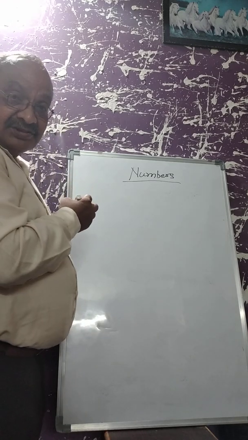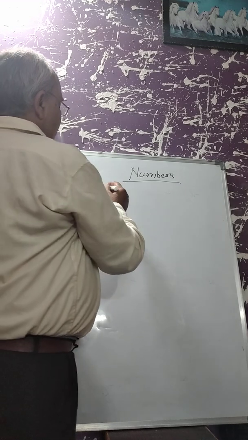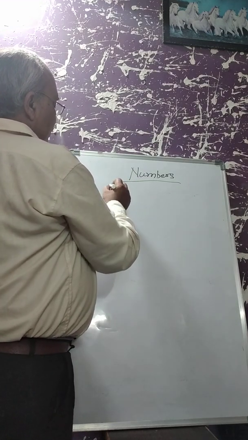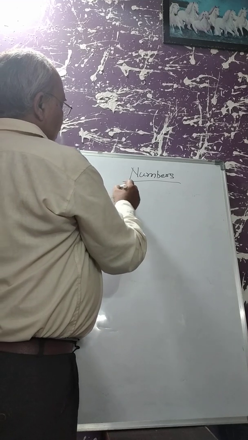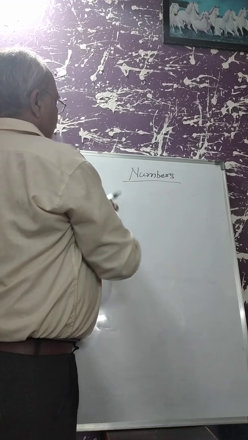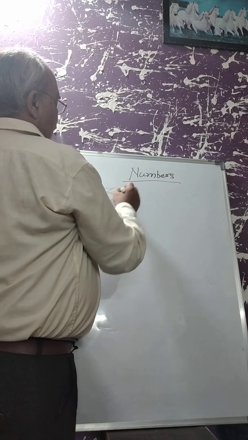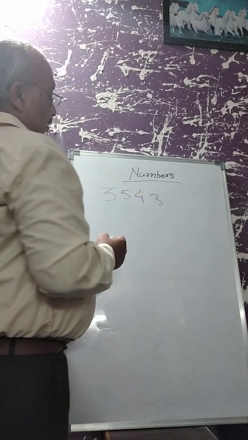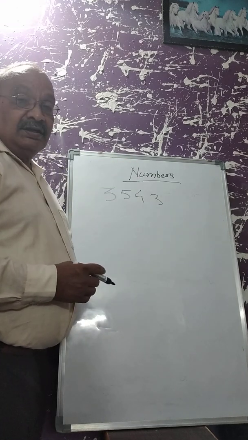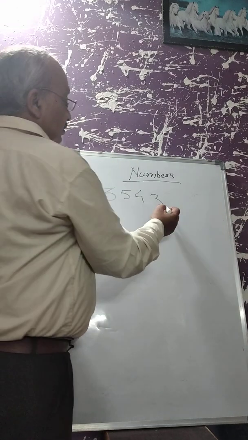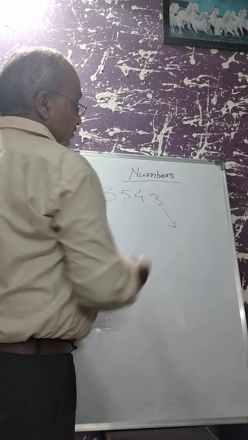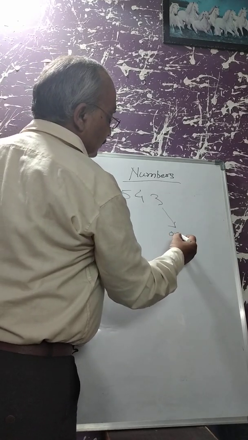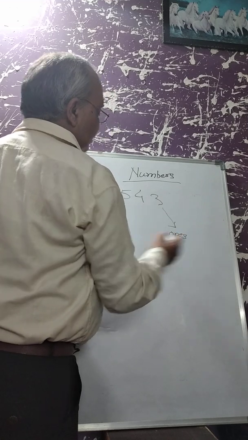Now regarding the place of any number, suppose a 4 digit number is there, 3543. We have to find out the place of the digits. You see, this 3 will come in the place of ones.